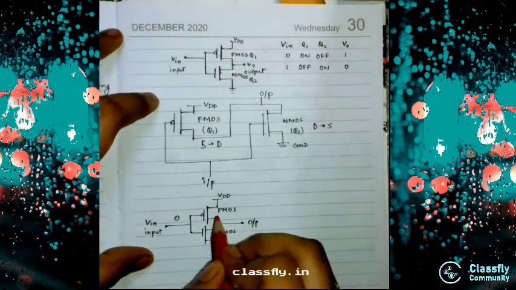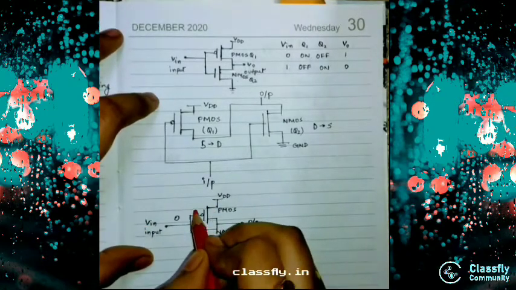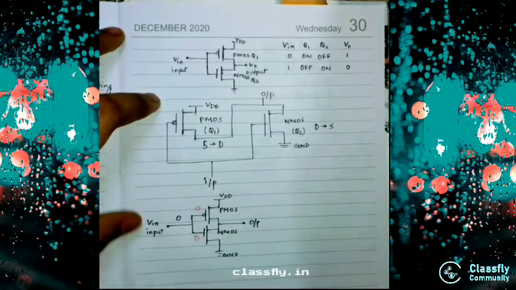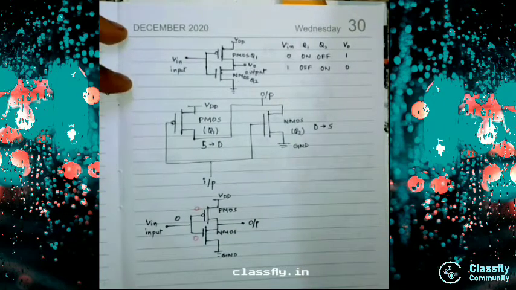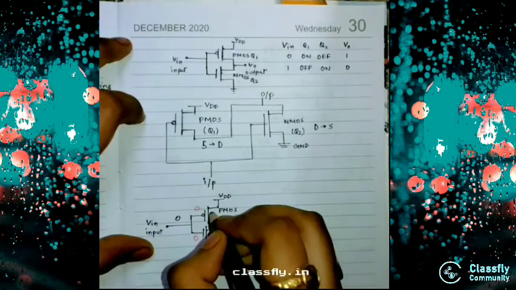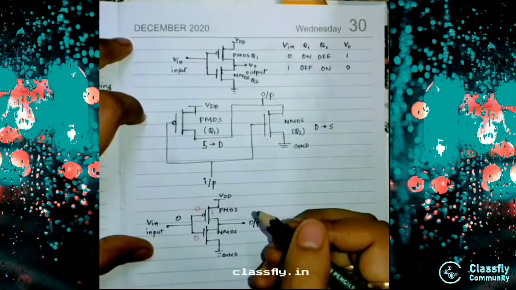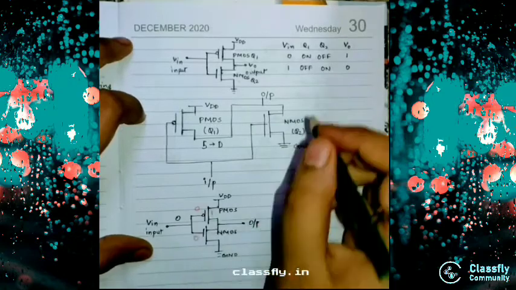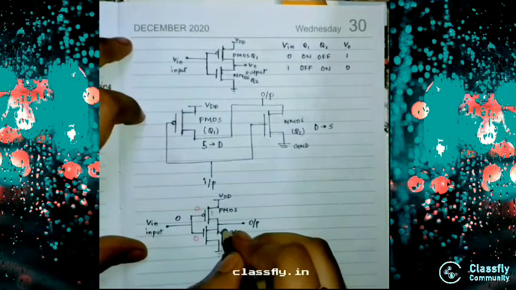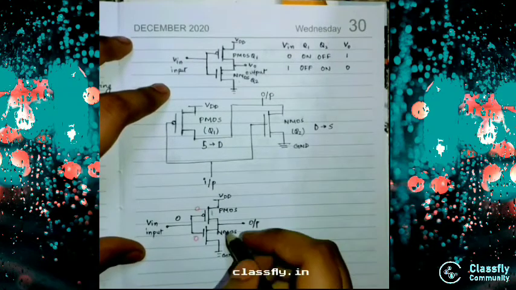So for the PMOS the input will be 0, and for the NMOS also 0. But as the bubble is here, it will change to 1. That means our Q1 will be on and our NMOS will be off.